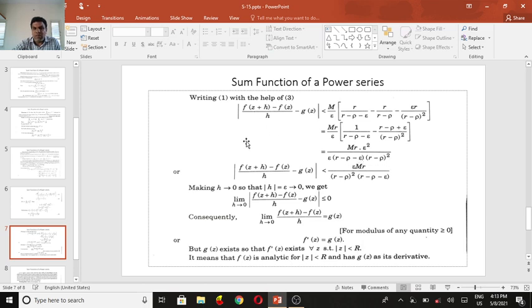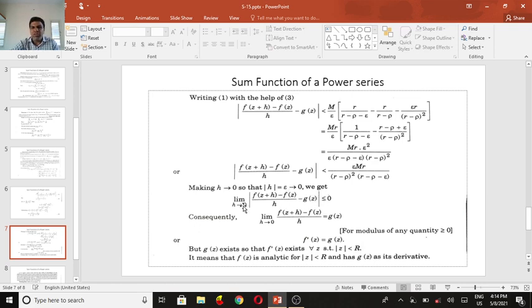The absolute value of (f of z plus h minus f of z) divided by h minus g of z is less than epsilon M r divided by (r minus rho) whole square times (r minus rho minus epsilon). Make h tend to 0 so that the absolute value of h equals epsilon; this also tends to 0.